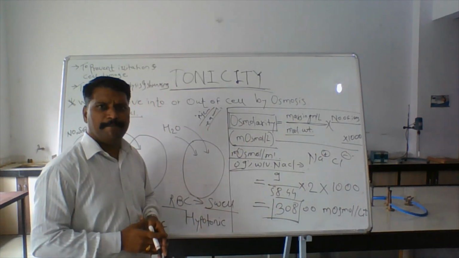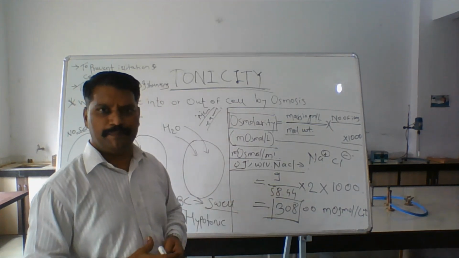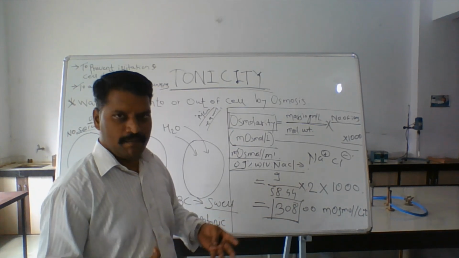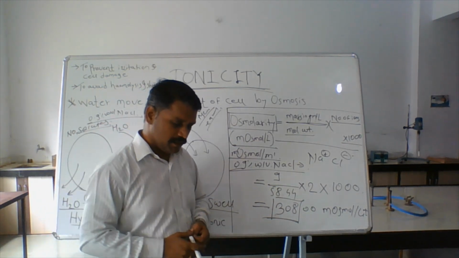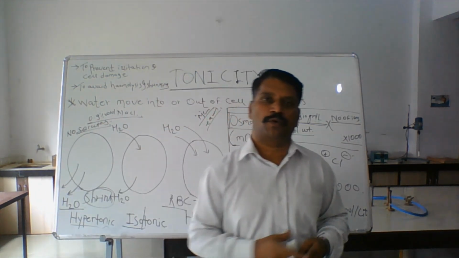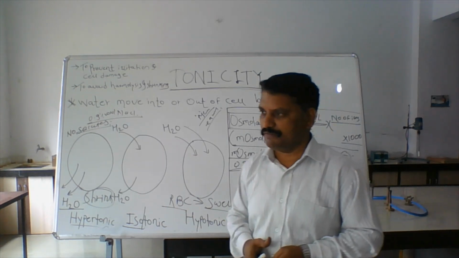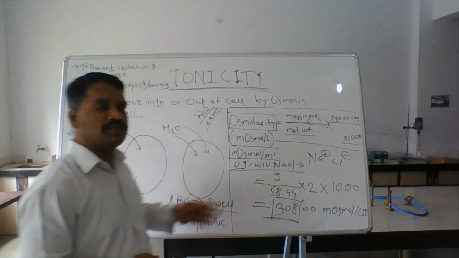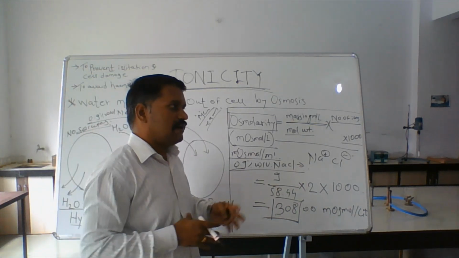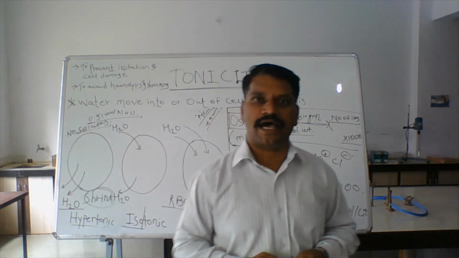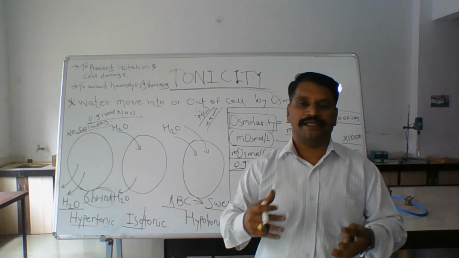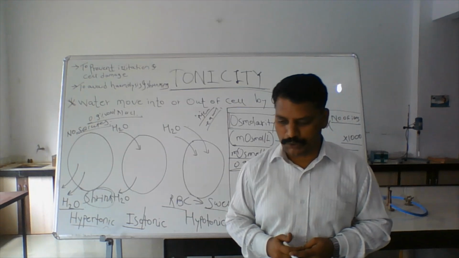There are many methods like freezing point depression, the sodium chloride equivalent method, and many more. But freezing point depression and the sodium chloride equivalent method are very popular for the determination of tonicity or osmolarity. So this is about the importance and significance of tonicity in the development of parenteral dosage form.